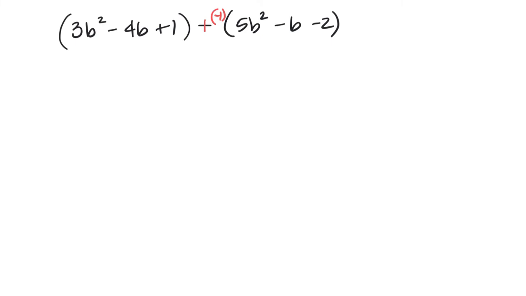And now when I look at this, I have plus and then negative 1, and so it helps me to remember that I need to distribute this negative 1 to here, here, and here. So let's do that right now.